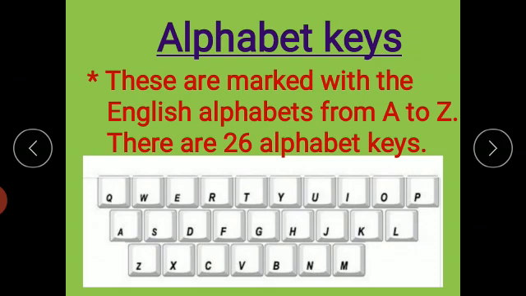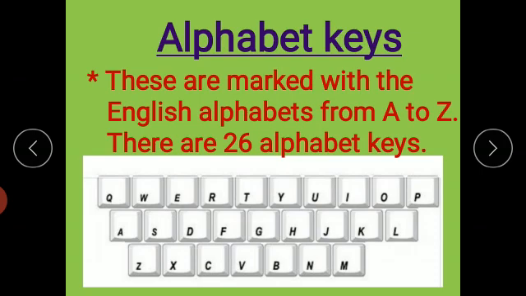So there are 26 alphabet keys from A to Z, but they are not given in order. See, are these all in alphabetical order? No, they are not given in order. Each alphabet key types a separate alphabet. Suppose, children, if you want to write your name like Rohan, what's the spelling of Rohan?